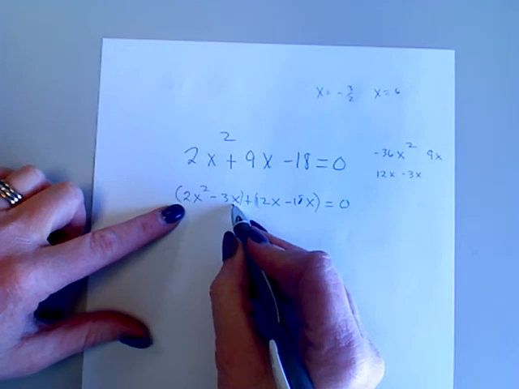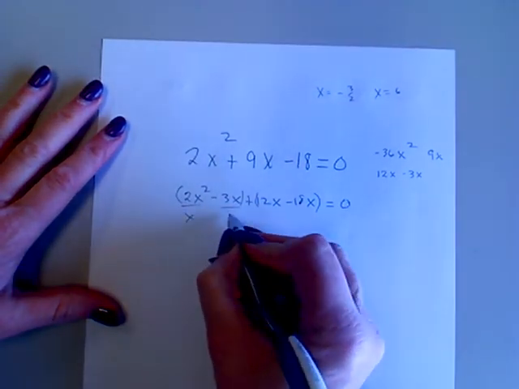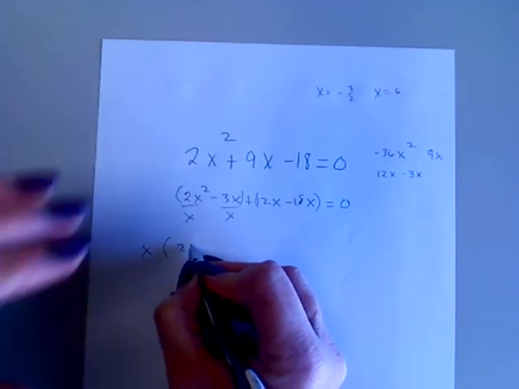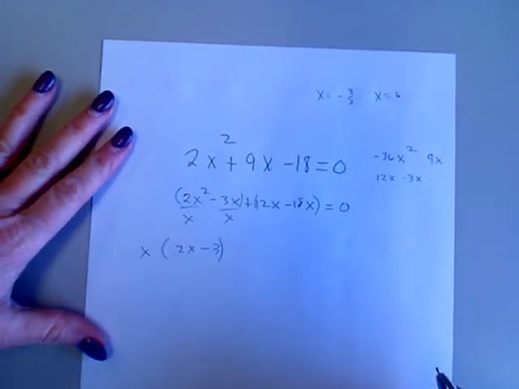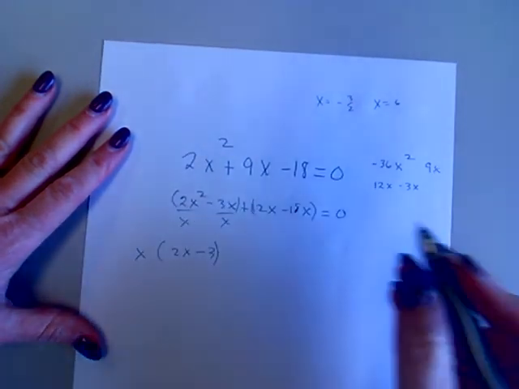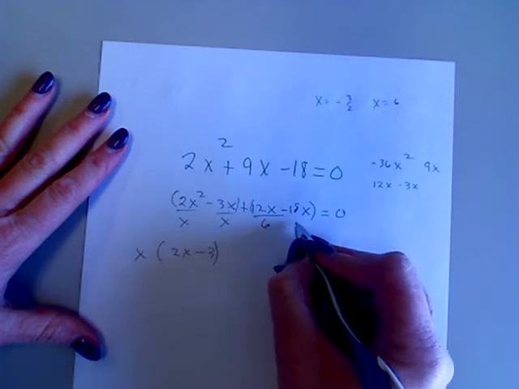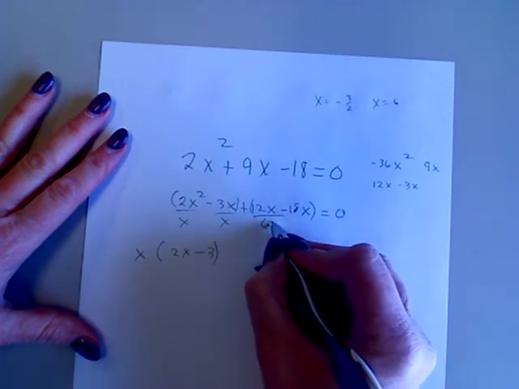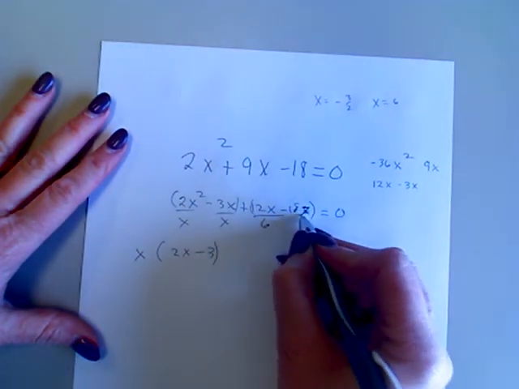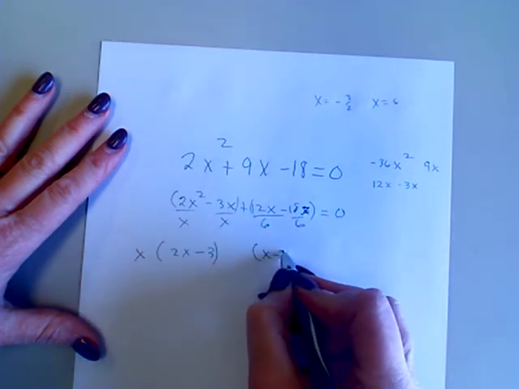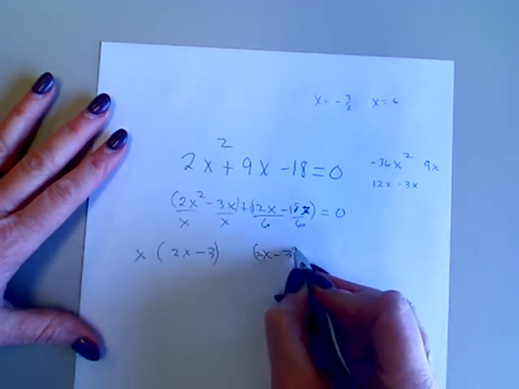The greatest common factor here is x. I'm going to factor that out, and I'm going to get 2x minus 3. And then here I'm going to factor out a 6. I'm going to get x minus 3... 2x minus 3.